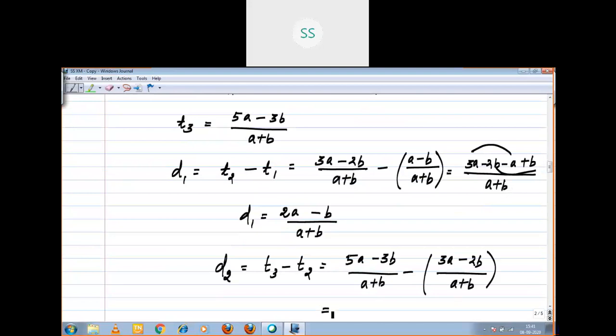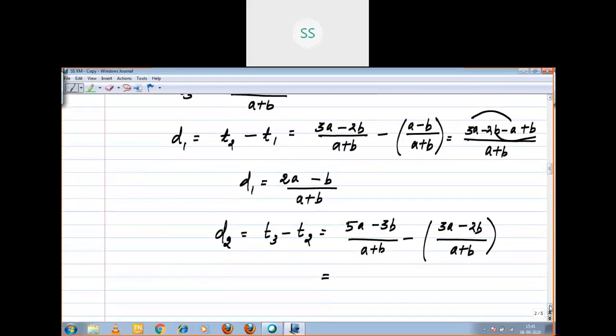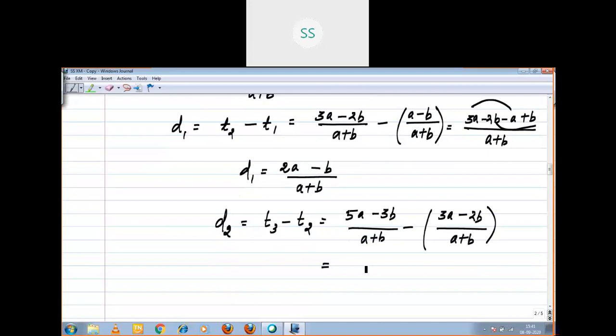Here also the same. The denominator is same. Directly we are going to subtract your numerator. Got it, children? 5a minus 3b minus 3a plus 2b, which is equal to 2a minus b divided by a plus b.